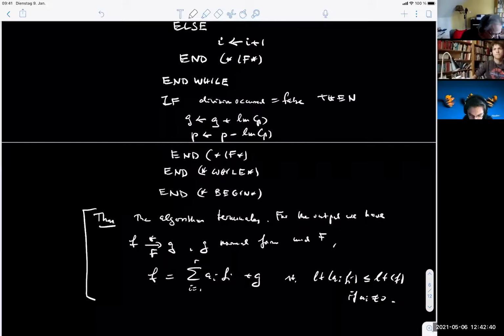That's the way to prove it. I'm not going to prove it formally. It's not hard anyway. Have you ever seen such a thing? Maybe in combinatorics, are there such proofs that algorithms behave as they should? Of course. Then I don't have to do it here, but it's straightforward. There's no problem.